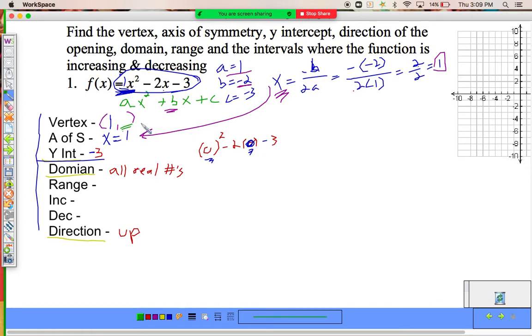How am I going to get that second part of my vertex? How am I going to get the y value when I know my x value is 1? Plug in x. There you go. We're going to take this x equals 1.